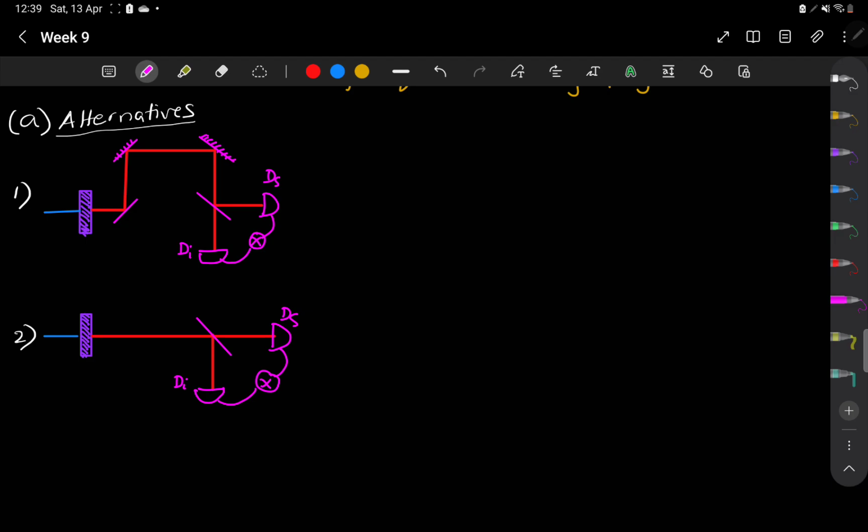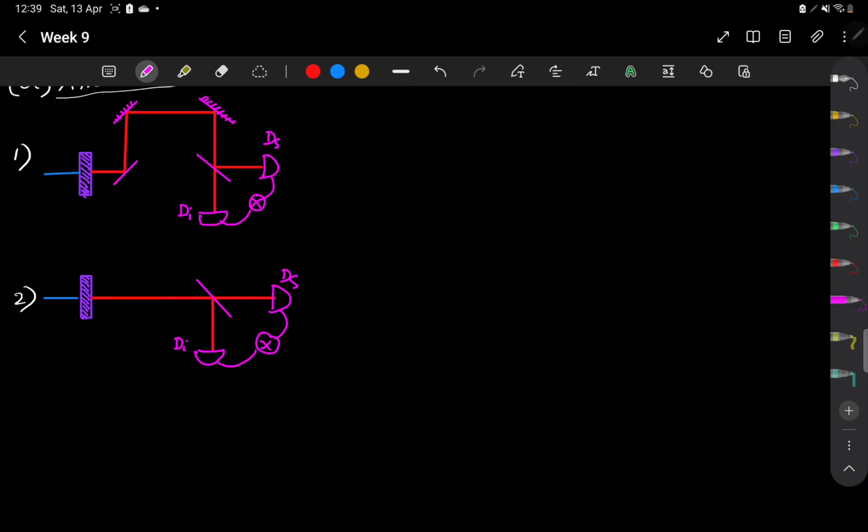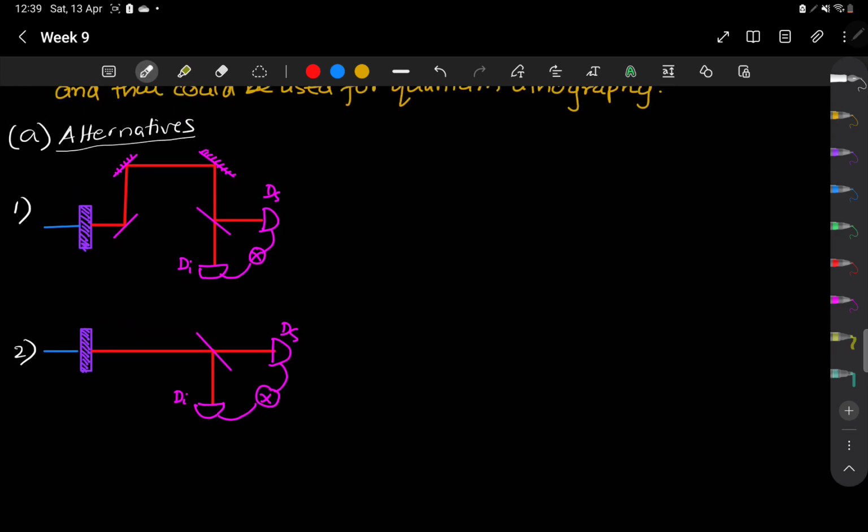Now let us draw the unfolded paths for these alternatives.